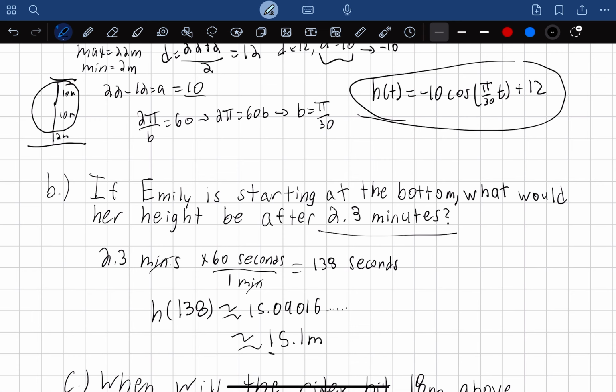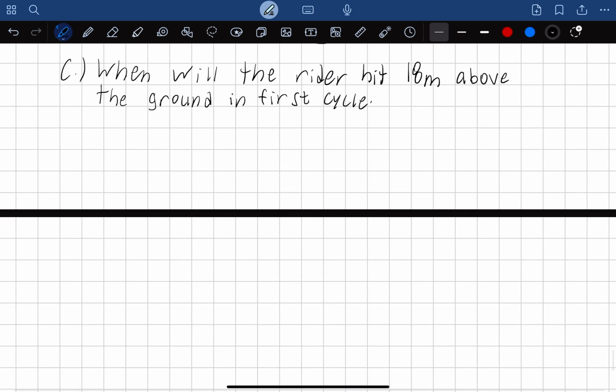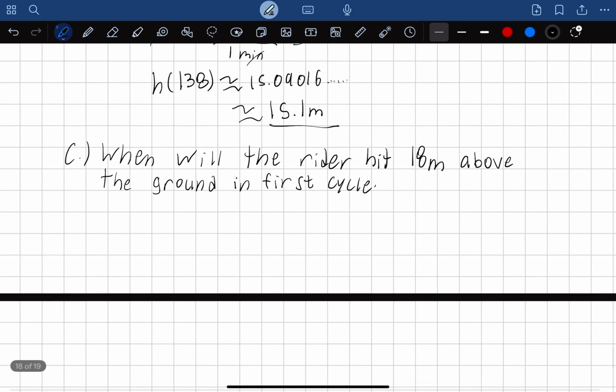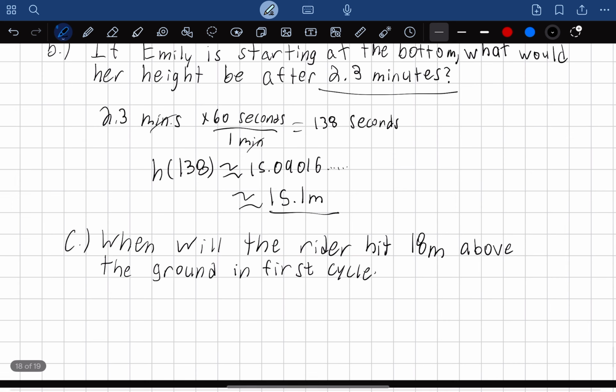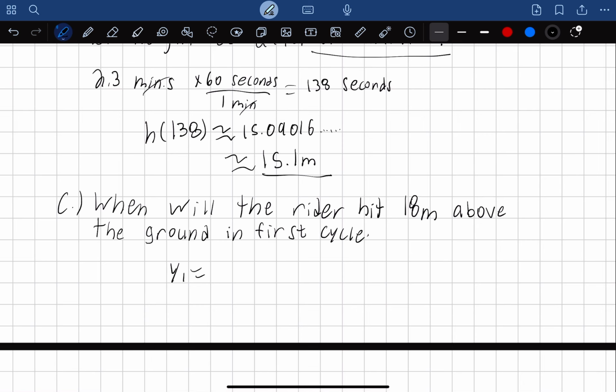Okay. And then finally, when will the rider hit 18 meters above the ground in the first cycle? So now I'm going to go over to my graphing calculator and input our original h of t as y1. So y1 is equal to h of t, y2 is going to be equal to 18.